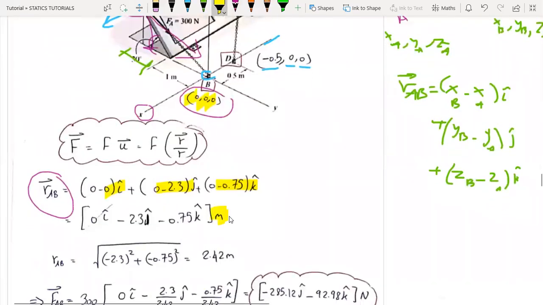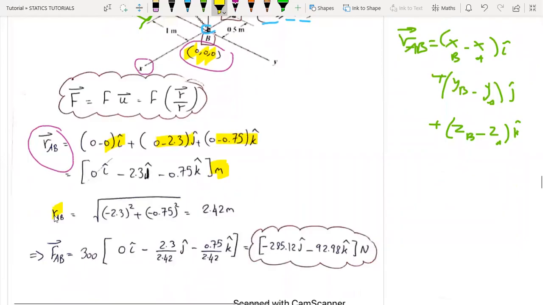And we get the vector in meters, the units of the position vectors. Now the magnitude of RAB, we will say square root of minus 2.3 squared plus minus 0.75 squared, and we'll get the answer.